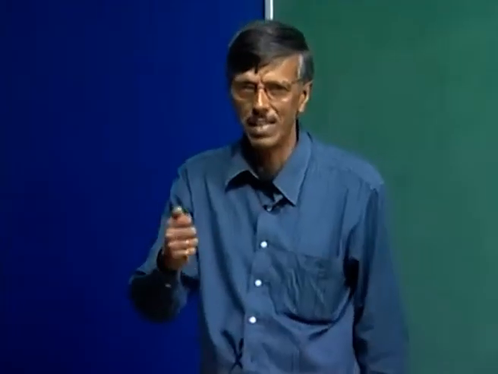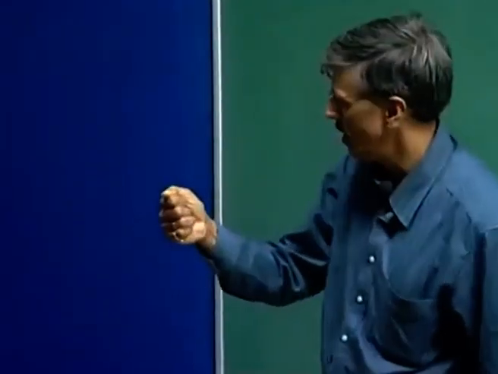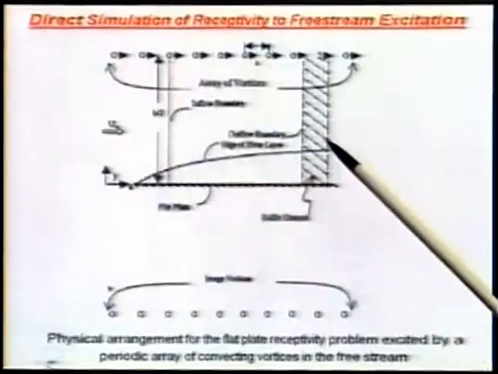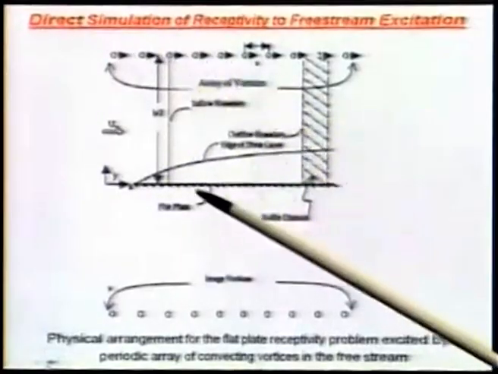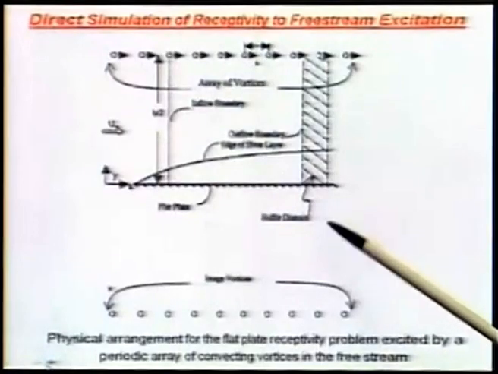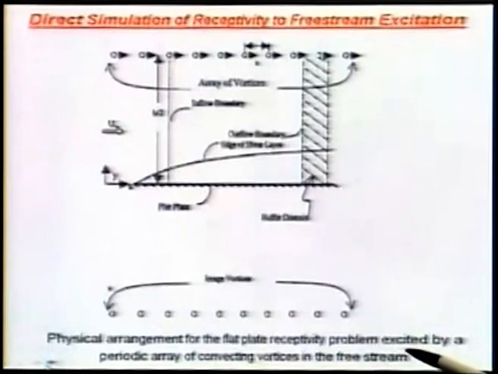So, this is basically your prototypical thought experiment that you are conducting, and then the boundary layer is developing and these vortices are going very far above. What will happen? To satisfy the zero normal velocity, I should have an image system, right.